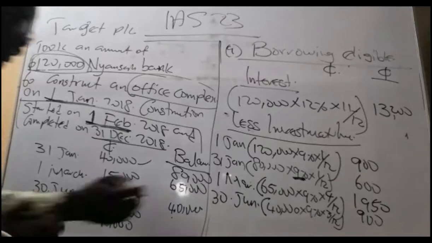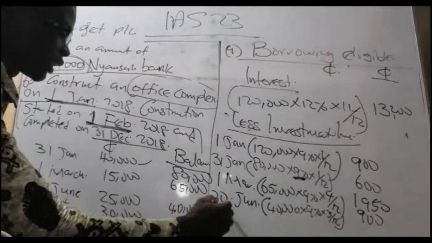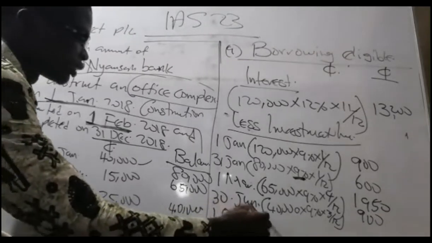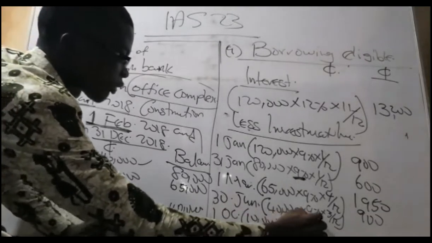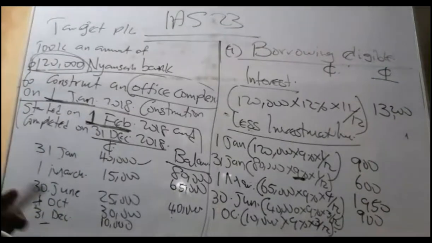So now when you invest it, when? 1st October. So October 1st investment. Open a bracket. Just the 10,000 times what? 9% times 3 out of 12. And that will give us 10 by 9, so that will give us 90 divided by 12. Now times 3.